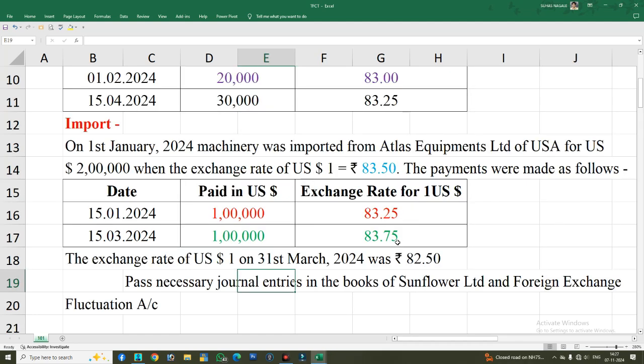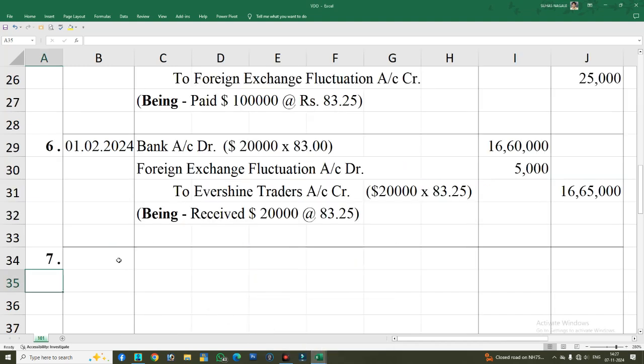In the books of Sunflower Limited, we are passing the entries. It means the loss to Sunflower Limited. Pass the entry, 15th March 2024. This is payment. It means party account debit, Atlas Equipment account debit.